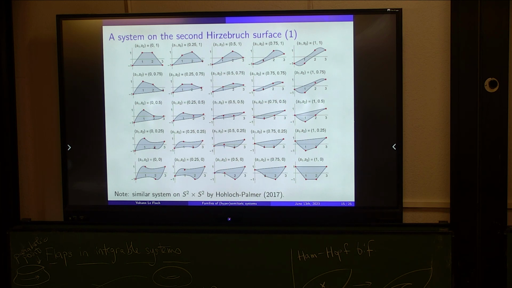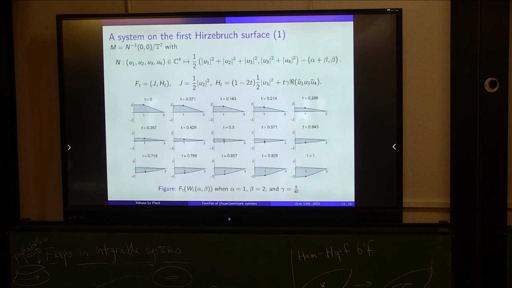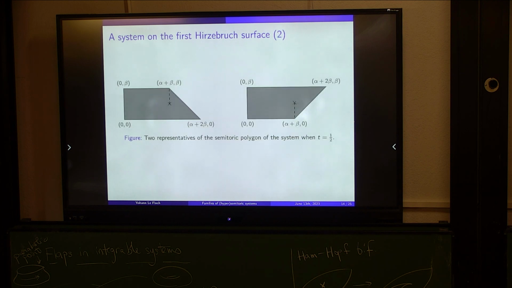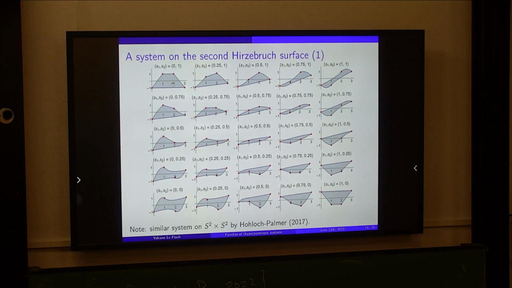And we said, okay, we've constructed this one-parameter family, which is nice, on the first Hirzebruch surface. Why not try to do something similar to them, but on the second Hirzebruch surface, where you have these 2 points that are elliptic and can become focus eventually? So we managed to do it.